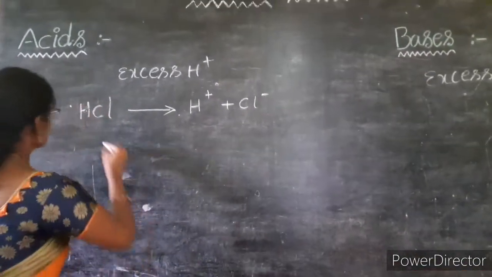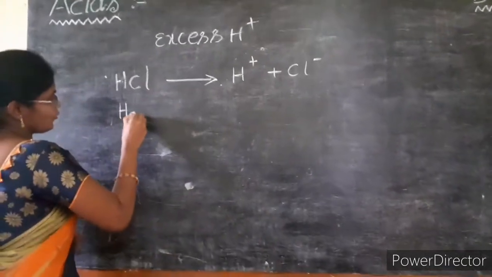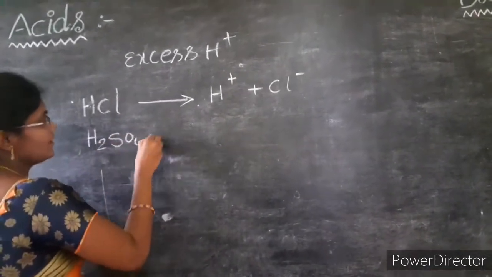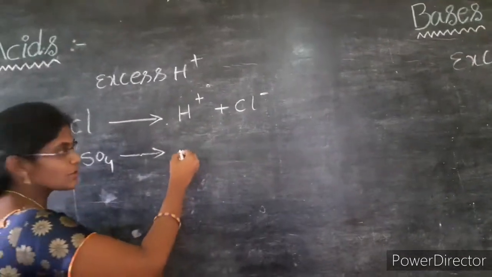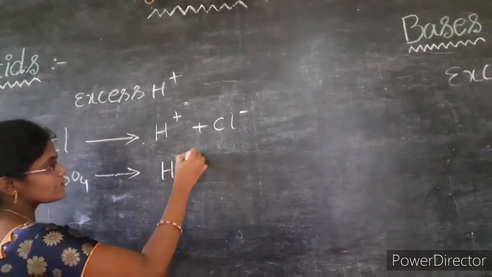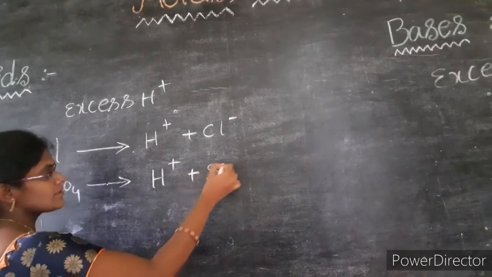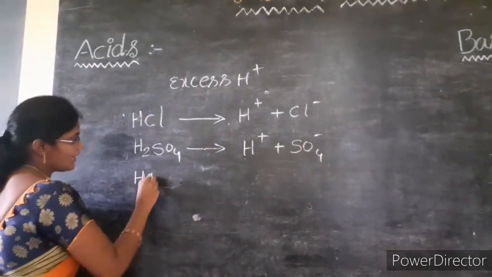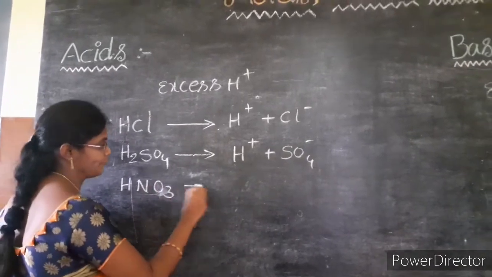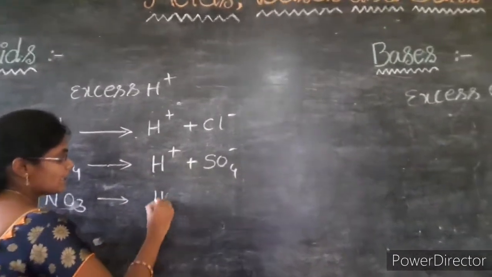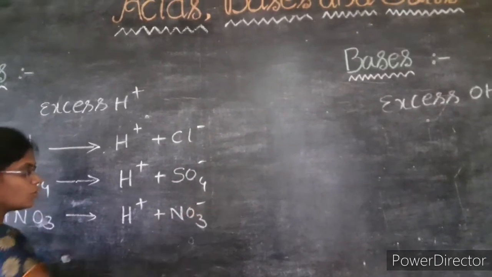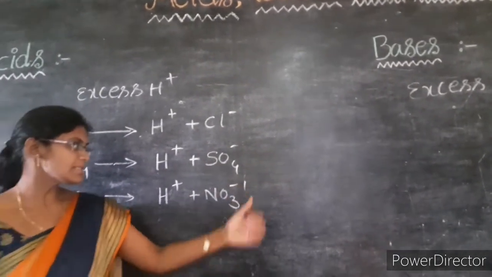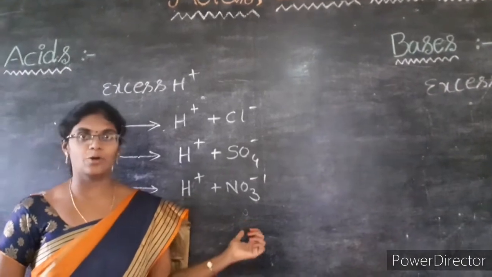And H2SO4, in aqueous solution, decomposes into H plus and SO4 2 minus. Similarly, HNO3, in aqueous solution, decomposes into H plus and NO3 minus 1 ions.